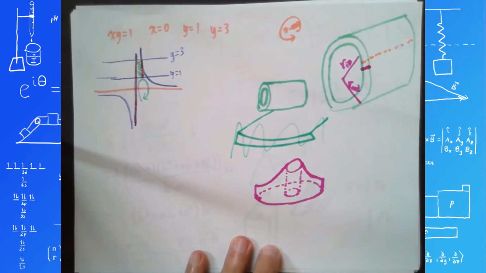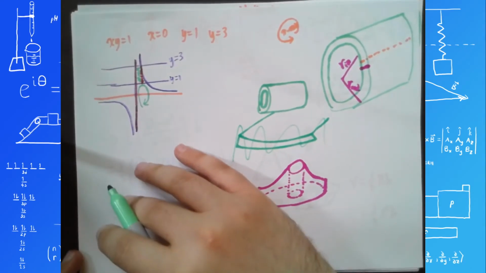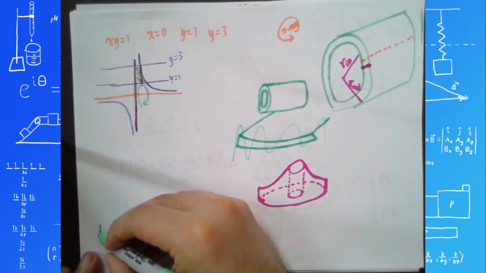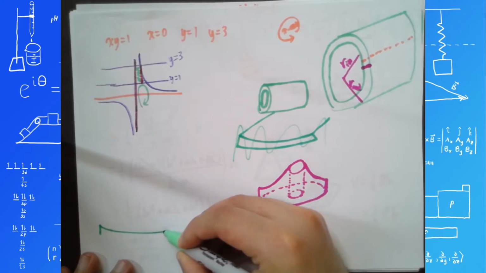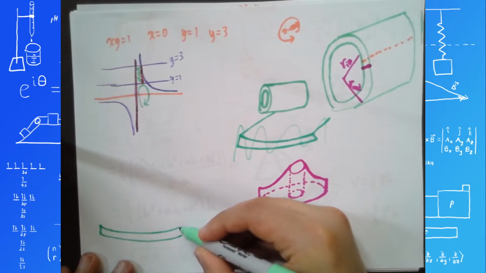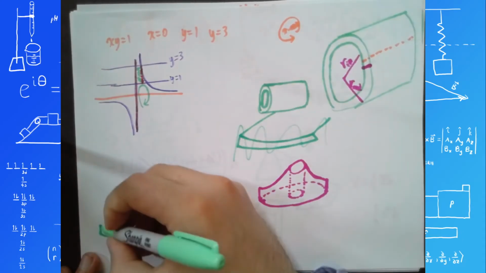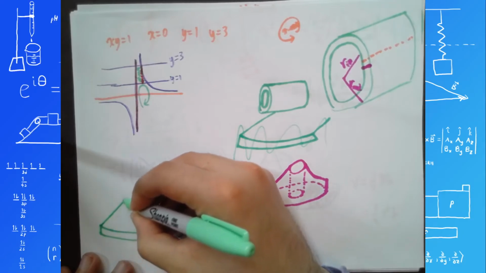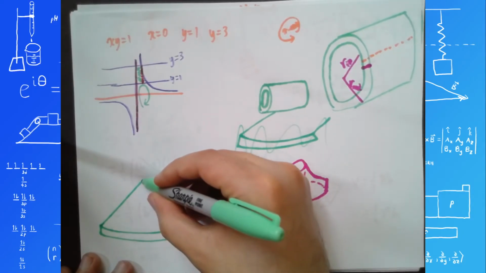No, let me draw it down here so that it's not obscured by anything I've already drawn. So you take that cylinder, or shell, and you cut it along that dotted line, and you start unrolling it, and you get something that looks like this.